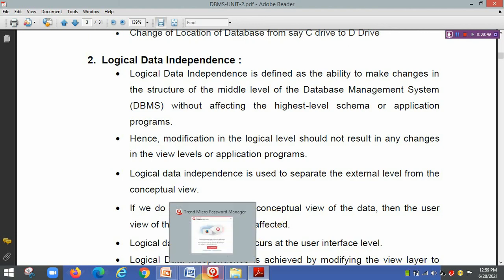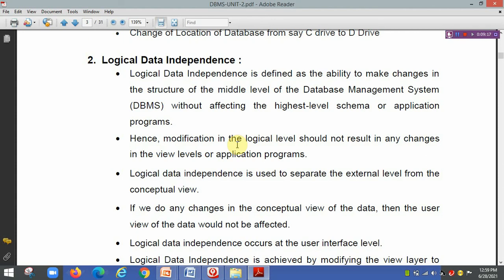Hence, modification in the logical level should not result in any changes in the view level or application program. That means logical level में अगर कोई भी modification हो रहा है तो कोई भी effect नहीं आएगा तुम लोगों का application program में, okay. Logical data independence is used to separate the external level from the conceptual view.